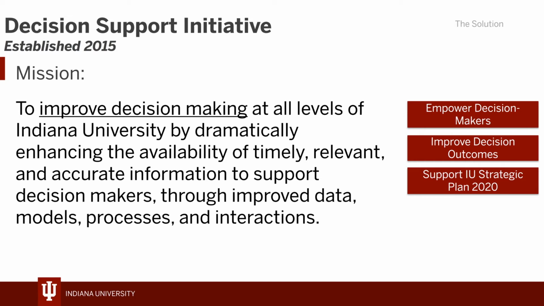It's not so much about technology, although technology plays an important part, but it's really about listening to and understanding the data that decision makers need, and then working back through that to help improve how we are exposing and creating and making data available to those who need it in a way that they can understand it.